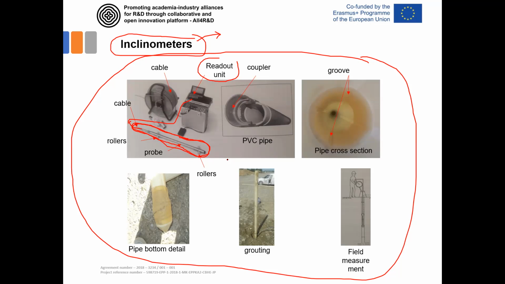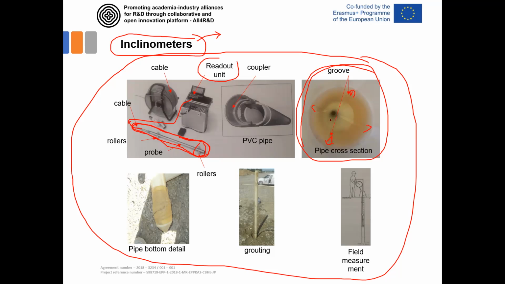To perform these inclinometer readings, we need a borehole, and we need this plastic or aluminum pipe with these grooves. So we have a special pipe with grooves. The grooves are defined so these rollers can fit into them, and we can put this probe down to the bottom of this cased borehole. After we put the probe at the bottom, we bring it up by this cable and measure any change in the slope of this plastic pipe.